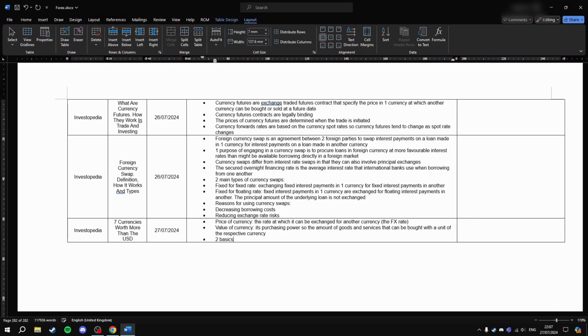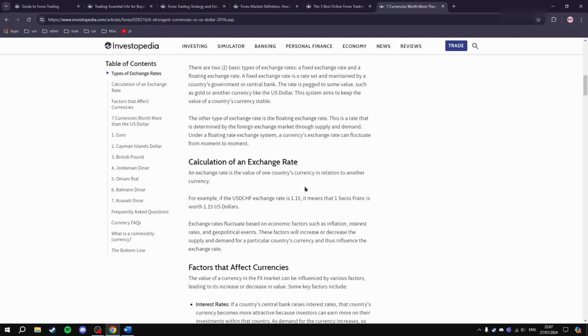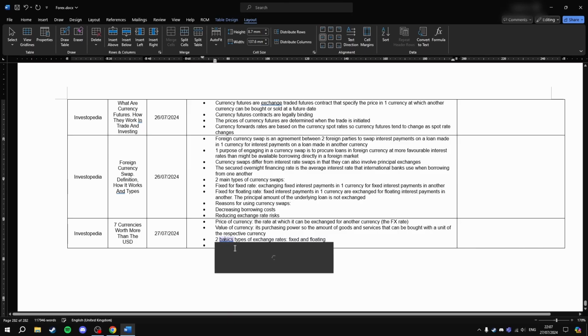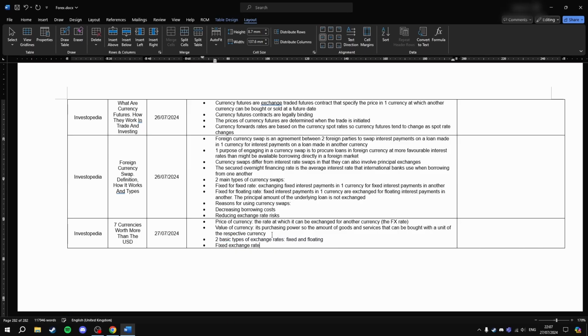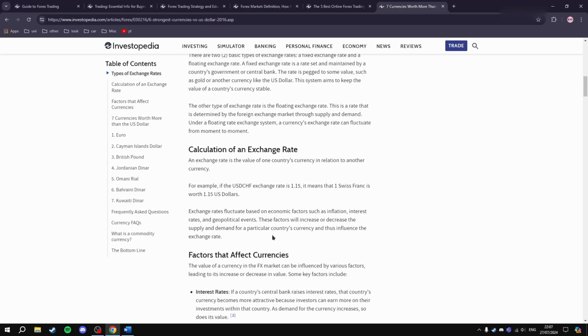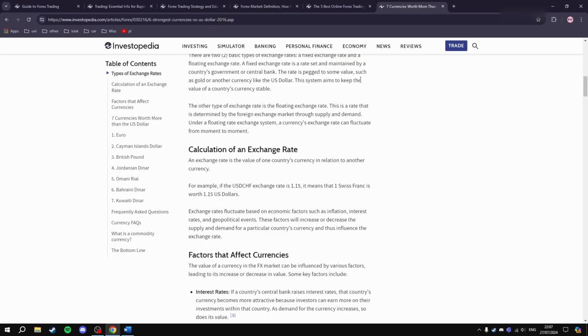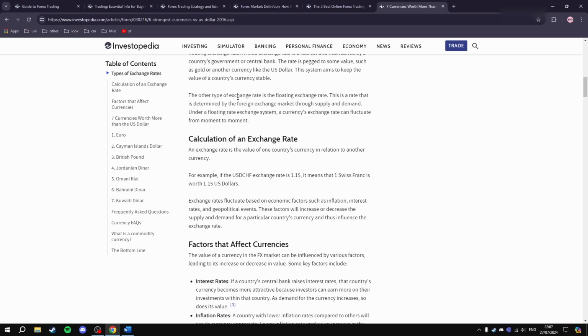A fixed exchange rate is a rate set and maintained by a country's government or central bank.